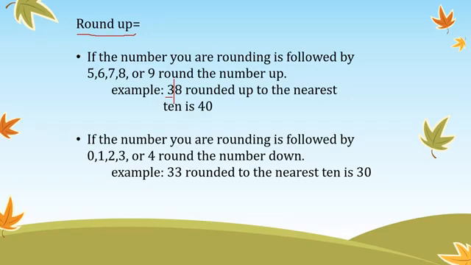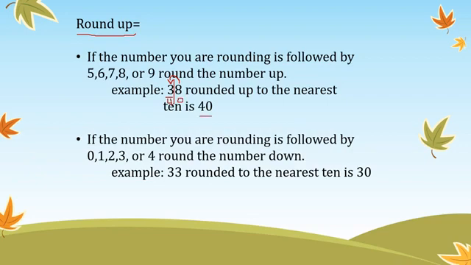So, if the number we have afterwards is 5, 6, 7, 8, or 9, and in this case it's 8, we're going to give 1 to the 3. So that one will turn into 4. And the rest will turn into 0. So we end up with 40.